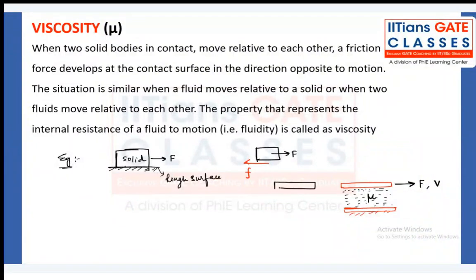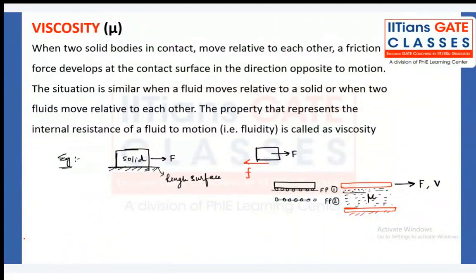What about the fluid particles near the upper plate? Let me show them. These are fluid particle number 1. Let's say the layer below, the second layer, I am denoting with this one. That is fluid particle 2.